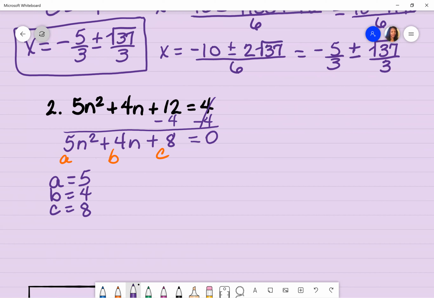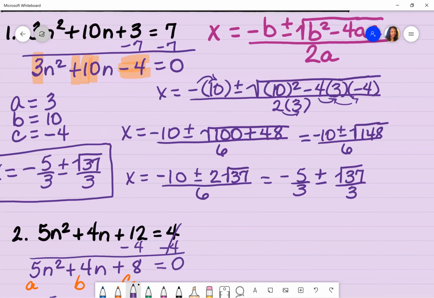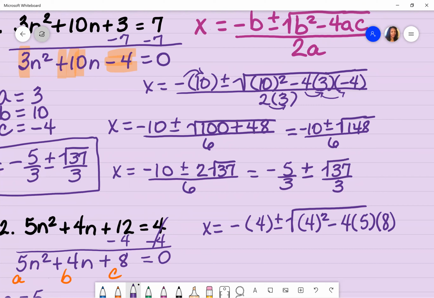Once I do set this up, let's go back up so you can see the formula. So I see that x is going to equal -b, which is 4, plus or minus that same b, but this time the b is squared, minus 4 times a, which is 5, and c, which is 8.